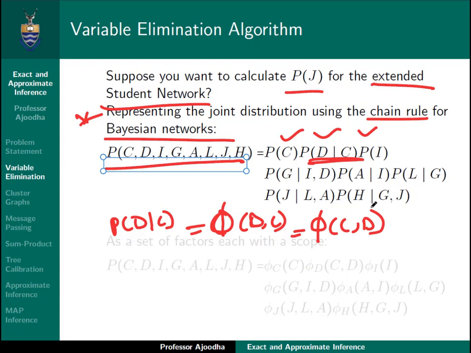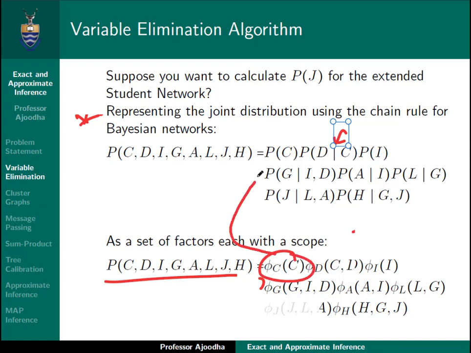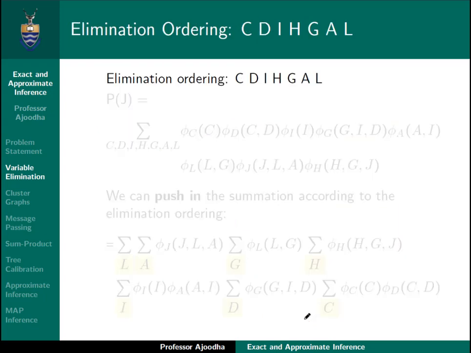This is useful because now we can eliminate all of these givens and just see things as factors, as small tables. So the factor for C is this one here, the factor for D C is this one here, the factor for I is this one here, and so on for all of these different factors. And so we end up with this factorization of the joint distribution.